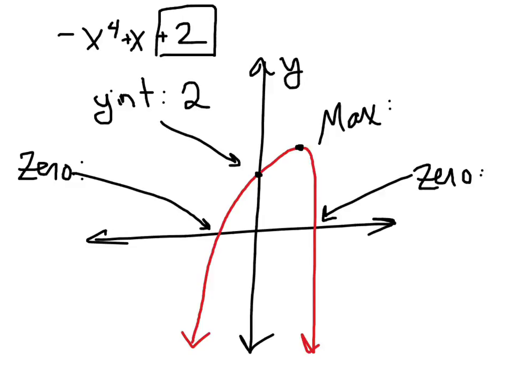How do you find the maximum again? Second trace. Option number 4. And what will happen is you'll have a cursor blinking like right here. Is that left of the high point?